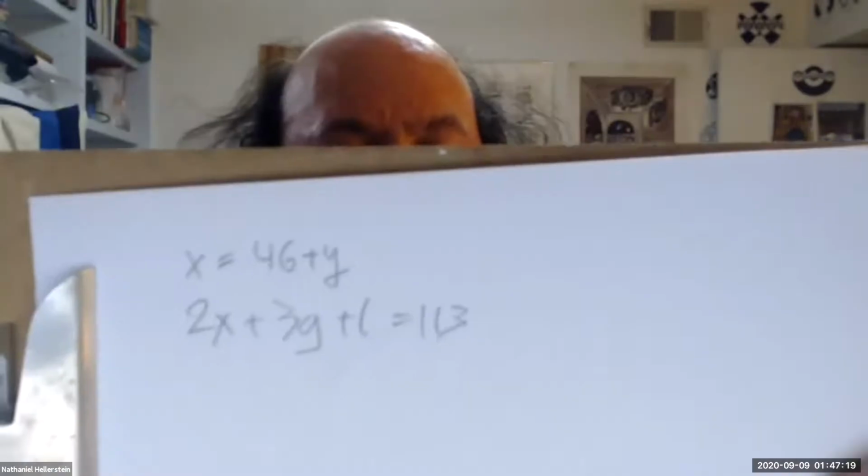All right, and we also have 2x plus 3y plus 1 equals 113, right? I think, is this visible? All right, we just substitute in: 2 times (46 plus y) plus 3y plus 1 equals 113.